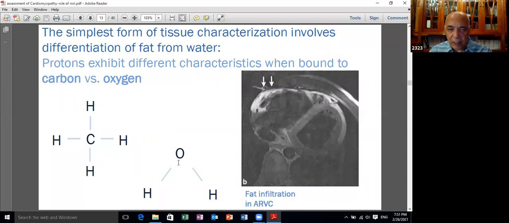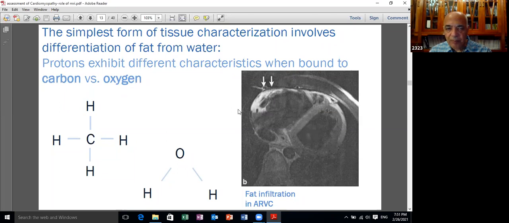So as a result of this difference, you get differences in the degree of opacification or attenuation of the magnetic current. So as a result of that, you will find that the fat is white, very similar to the subcutaneous fat located here, whereas the myocardium, which is rich in water, is gray under these circumstances.